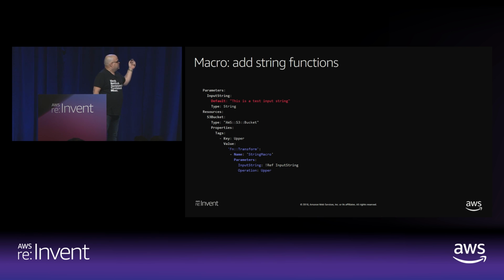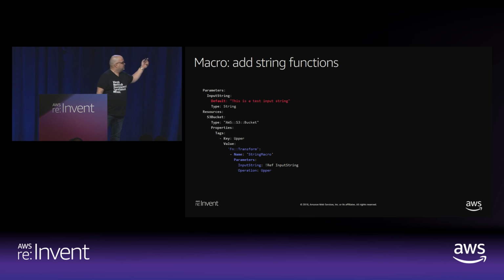In this template, I'm putting a default input string in a parameter. I'm saying this is a test input string, and then embedded inside of the definition of the resource, I am calling a macro here called string macro. And I'm passing parameters to the macro. So not only am I passing the entire template, I can also pass different types of parameters.